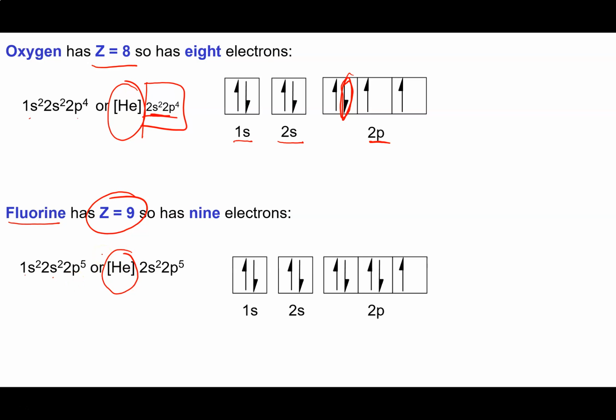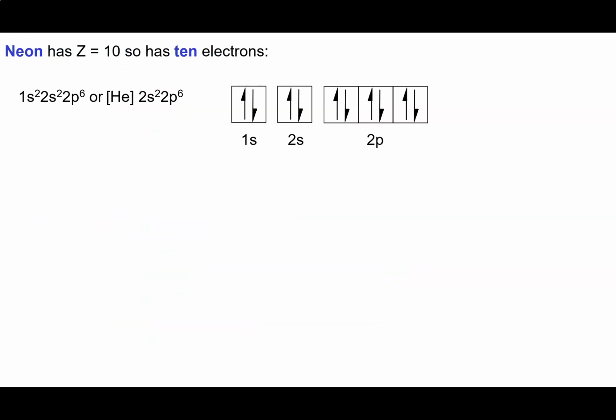Helium is the preceding noble gas. So helium there, 2 core electrons. And then these guys are the chemically interesting outer electrons. So we've got 1s2, 2s2, 2p5, and you see now that fifth p electron goes into an orbital with another electron, and so now we only have 1 unpaired electron, so still paramagnetic.